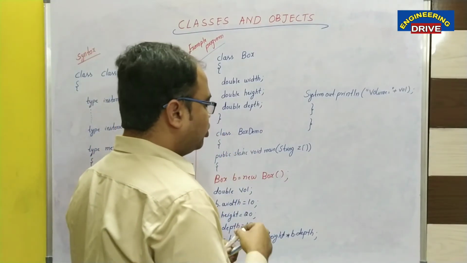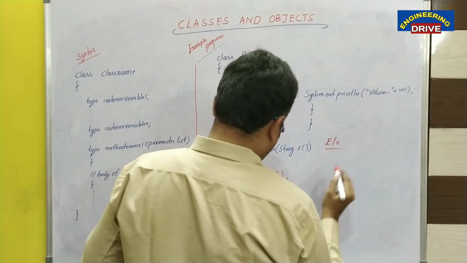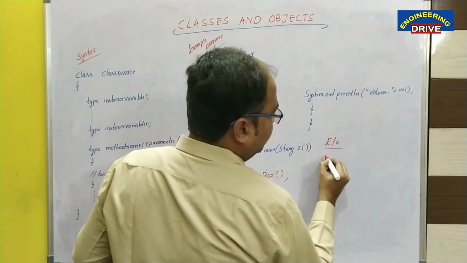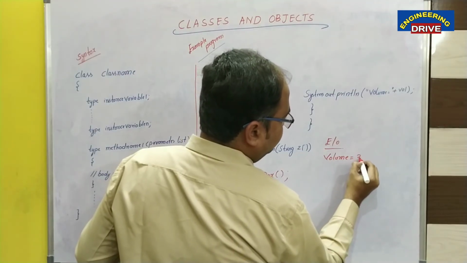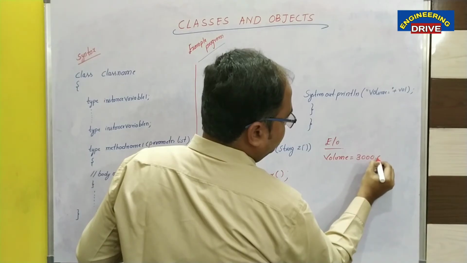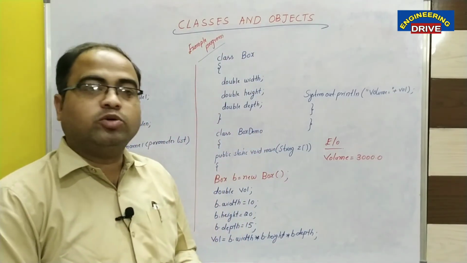Now, what is the expected output of this program? The expected output will be volume is equal to 3000. This is the answer we will get when you execute this Java program.